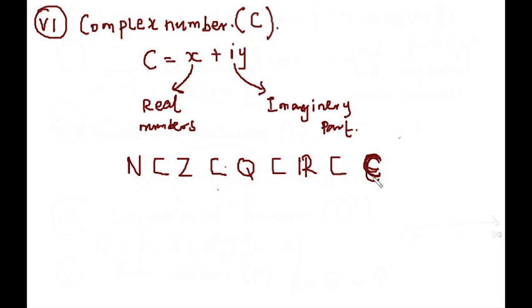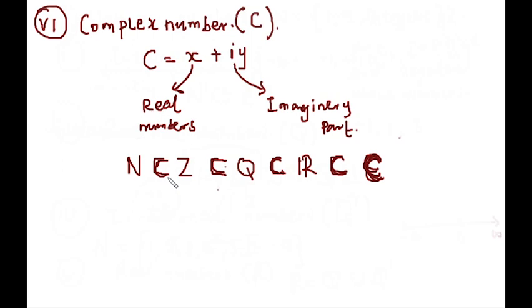This C is for complex, and this symbol simply means subsets. So this is simply the relationship between all different classes of numbers.